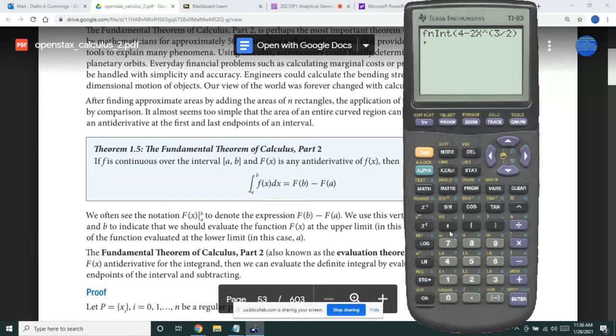Next, I'm going to insert a comma, which is above the 7 on my calculator. I have to put in a variable of integration, which is x. I have to put in my lower limit, and I have to put in my upper limit. Once I press enter, notice it calculates the integral. What the calculator will not do, however, is simply integrate a function. It can only integrate a function if you're given an upper limit and a lower limit.